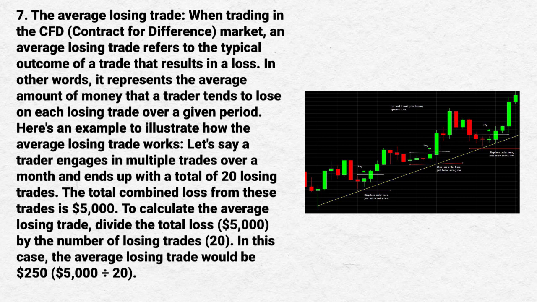Let's say a trader engages in multiple trades over a month and ends up with a total of 20 losing trades. The total combined loss from these trades is $5,000. To calculate the average losing trade, divide the total loss, which is $5,000, by the number of losing trades. In this case, the average losing trade will be $250, which is $5,000 divided by 20.